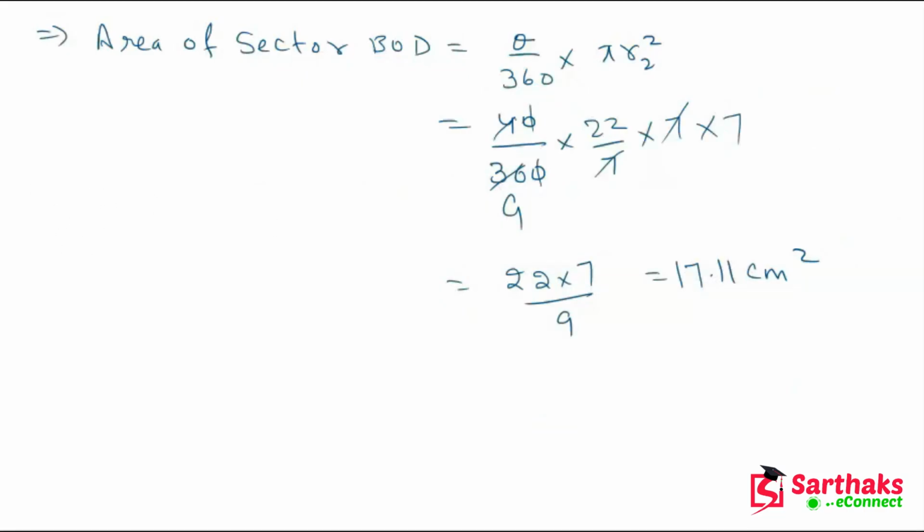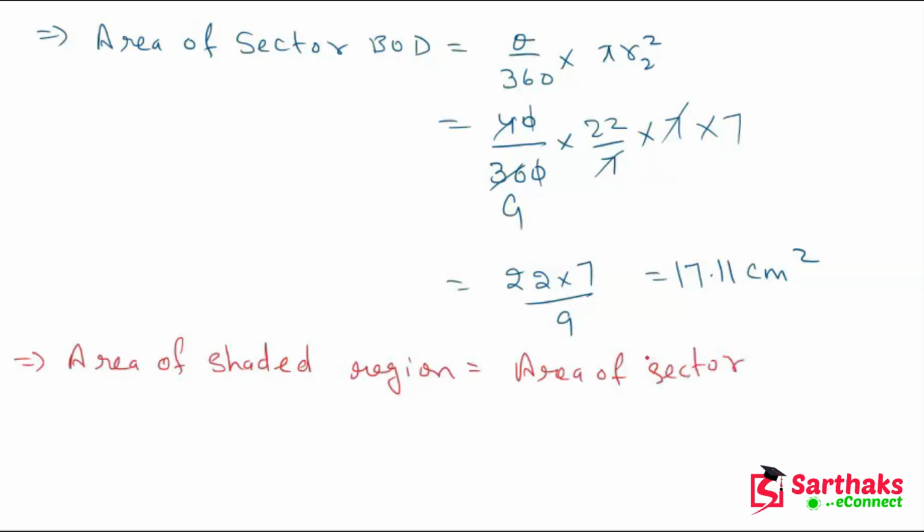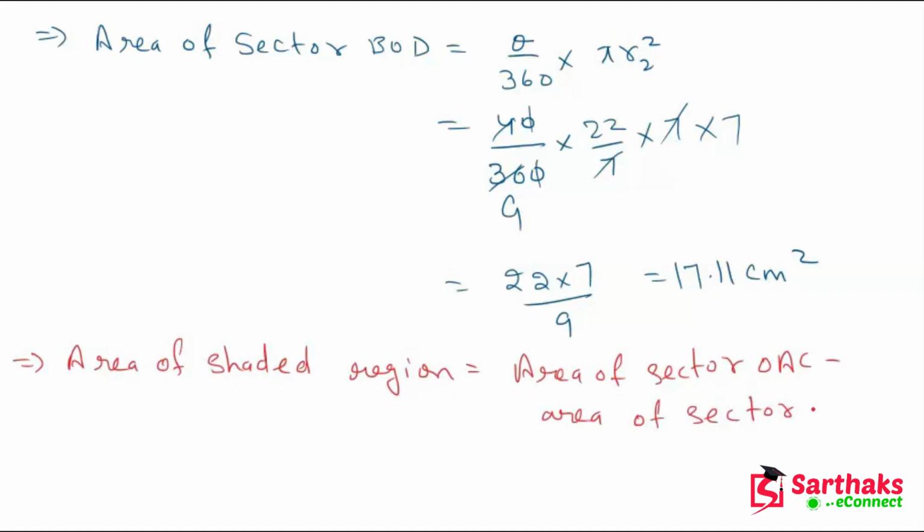Now the area of the shaded region is the area of sector OAC minus the area of sector BOD.